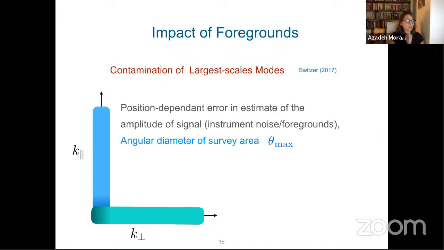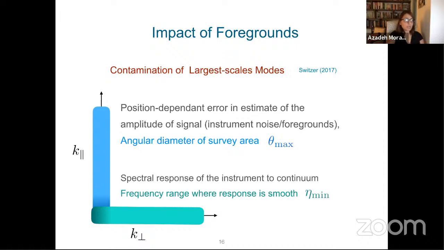In particular, if you decompose the modes parallel and perpendicular to the line of sight, position-dependent errors in the estimate of the amplitude of the signal will induce loss of large-scale modes perpendicular to the line of sight. And we would characterize it in terms of this parameter theta max, which is related to the angular diameter of a survey area.